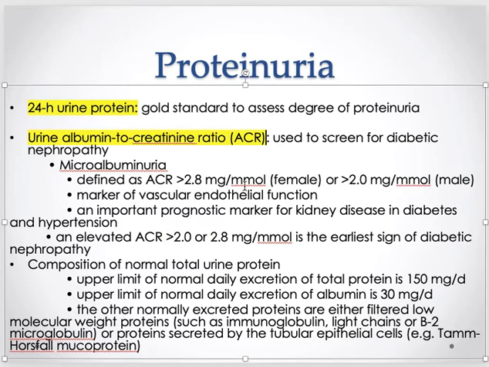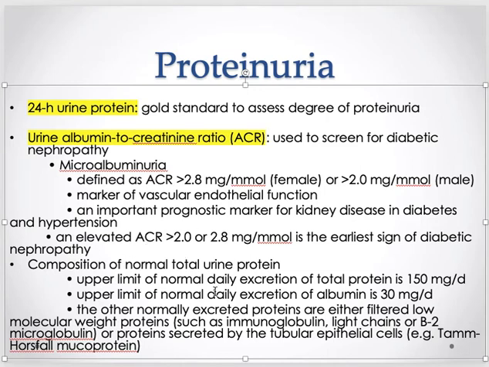It's also a marker of vascular endothelial function, an important prognostic marker for kidney disease, diabetes and hypertension. And elevated ACR is the earliest sign of diabetic nephropathy. Very important point. This ACR can guide us very quickly towards diabetic nephropathy.